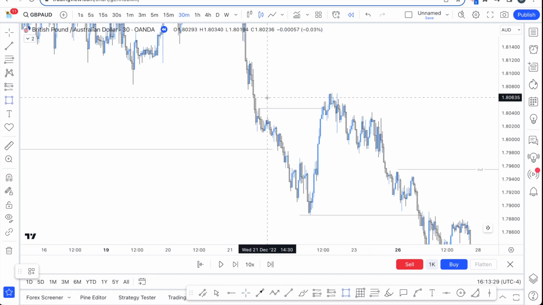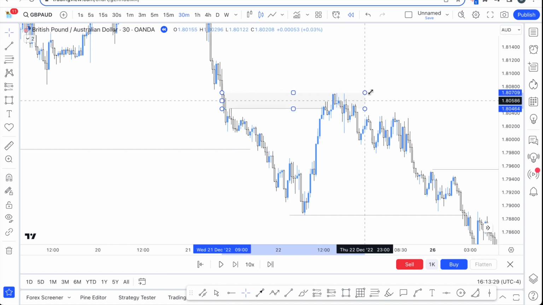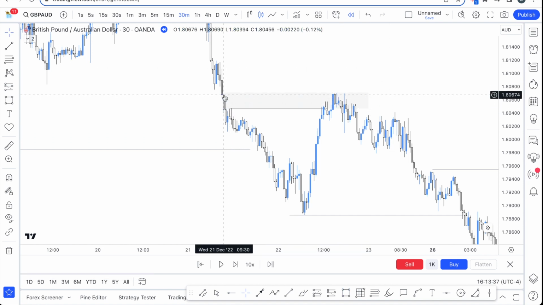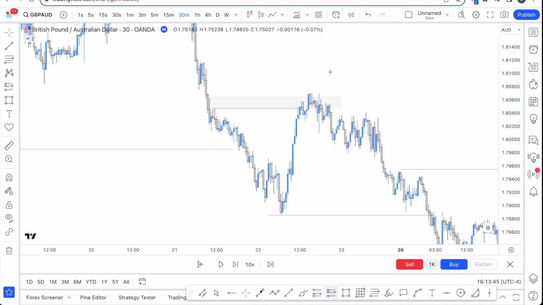Look at the nearest order block. It would be this, right there. There's your candle, the wick. Right there, and just enter.